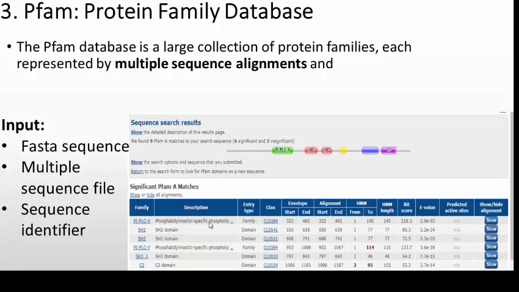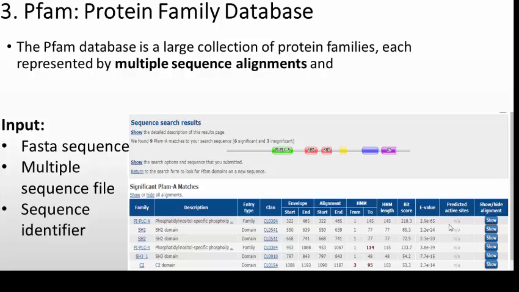Descriptions of these motifs are given at the bottom of this result. For example, the first one, PI-PLC-X, is a family of phosphatidylinositol-specific phospholipase C. The second one is the SH2 motif. The SH2 motif starts from 555 residues and ends at 639 residues.